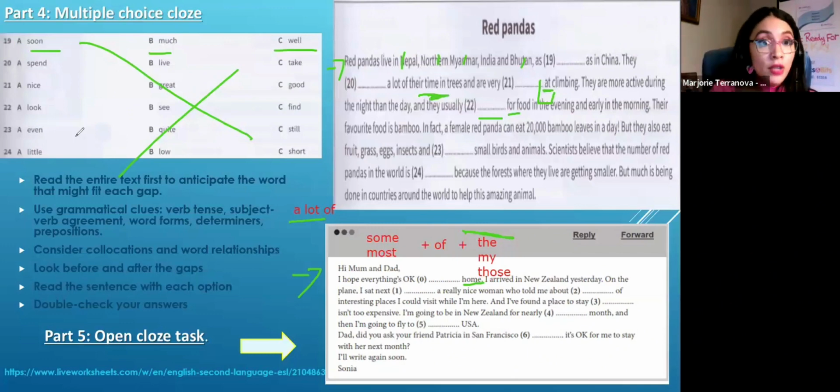It's easier for them because believe me, they hate when you start with a grammar topic and by the time you do this exercise, they have probably forgotten. So I already told them that if I use some and most and I have of, I need to use a determiner. Otherwise, I cannot use it. And I also taught my students a synonym of a lot of, that is lots of, you see?